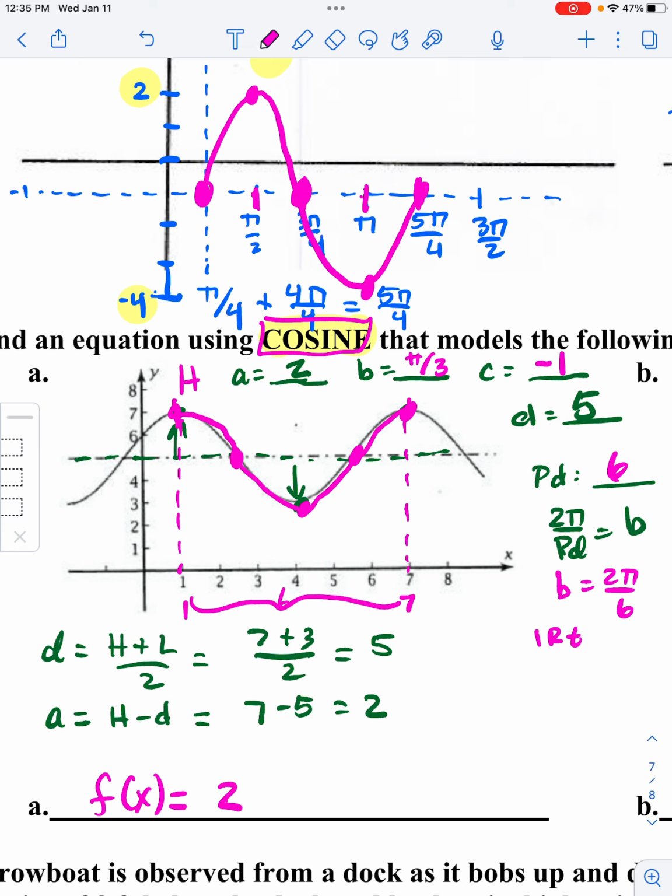It's not a flipped over version of cosine. And then cosine, and then my B value, and then my x, my C, shifting 1 to the right, and then moving it up 5.